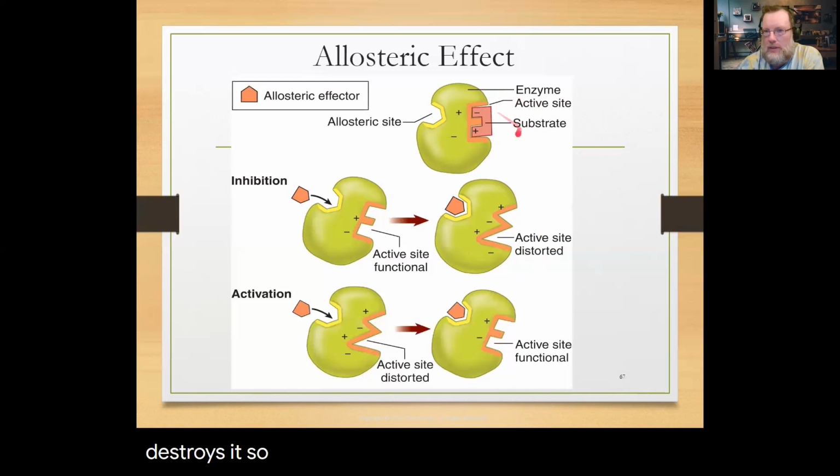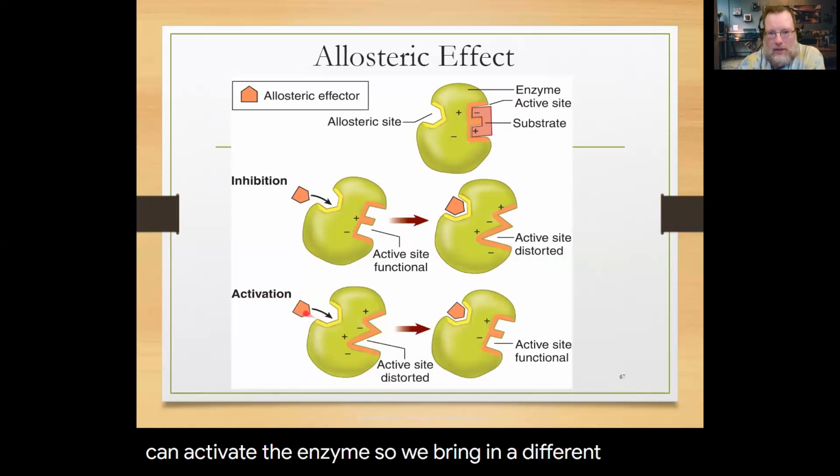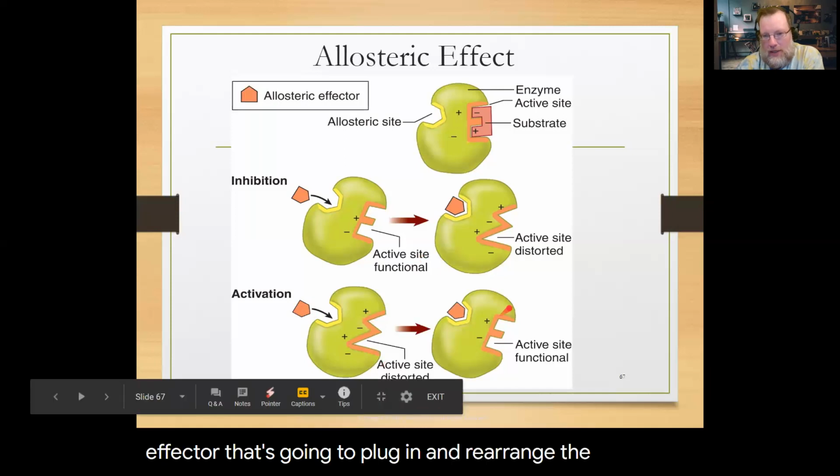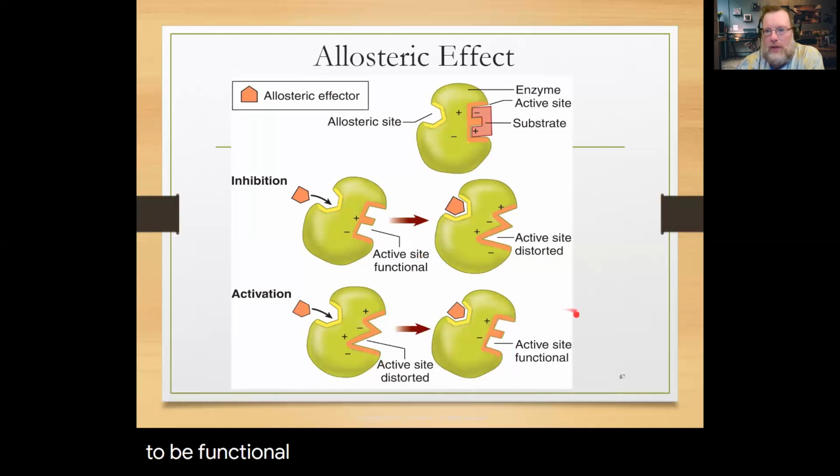Once the substrate has done its job, then we can activate the enzyme. So we bring in a different type of allosteric effector that's going to plug in and rearrange the active site to be functional. Now that substrate or molecule can go in and get broken down by the enzyme.